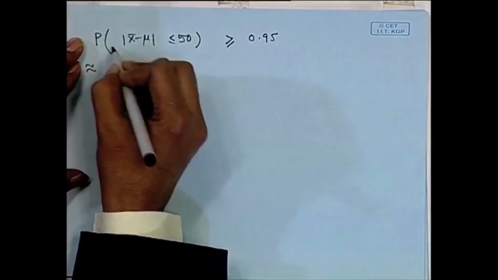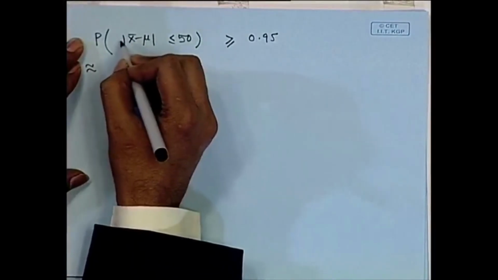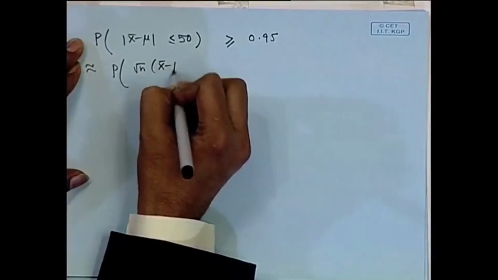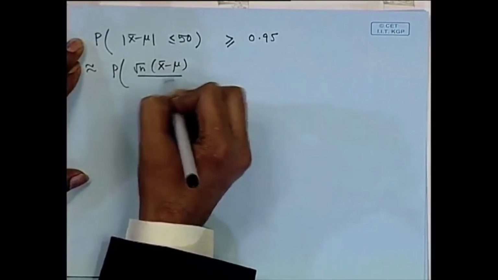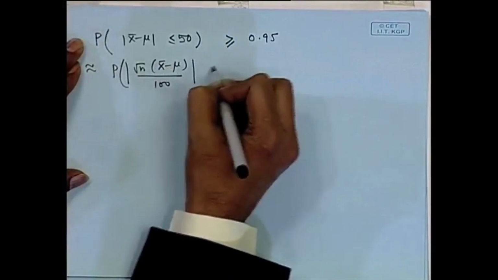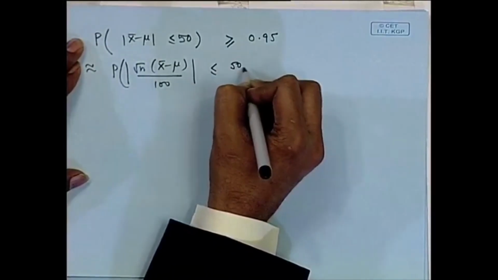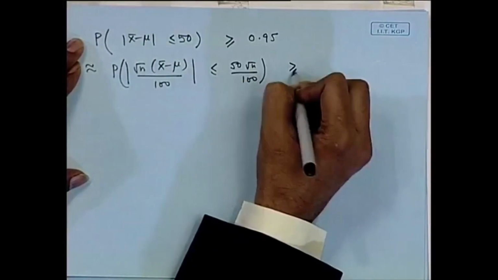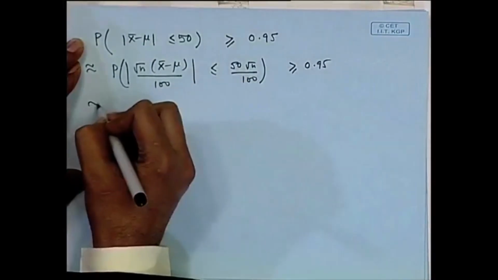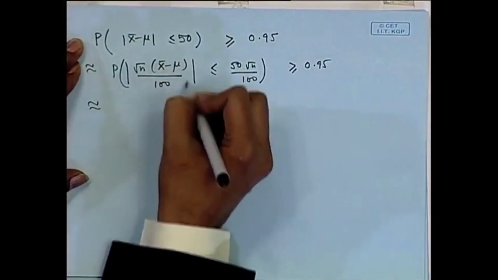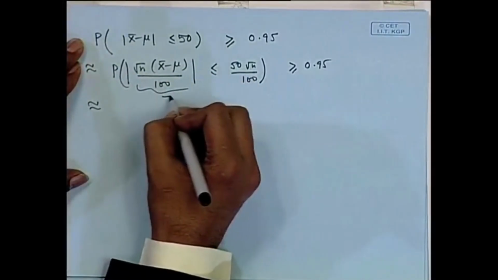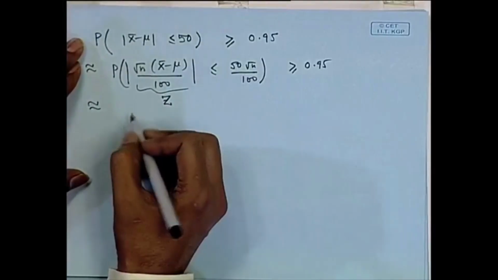So, we approximate this probability by making use of the central limit theorem. This is less than or equal to 50 root n by 100. So, this is approximately a standard normal random variable, and I can replace this variable by Z, where Z is a standard normal variable.